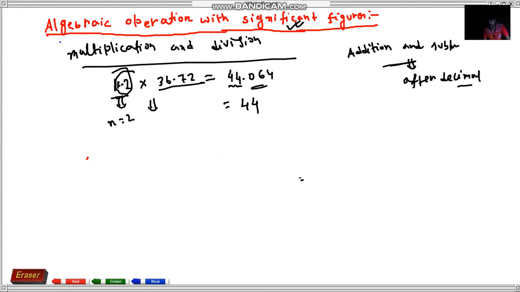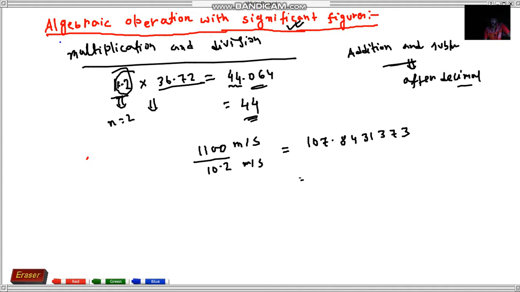So these are the rules of rounding. A similar case happens for division, like 1100 divided by 10.2. Here I used a unit, meter per second, for both, and the answer will be 107.8431373.